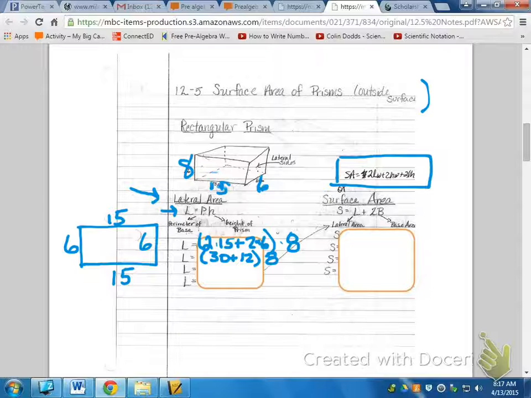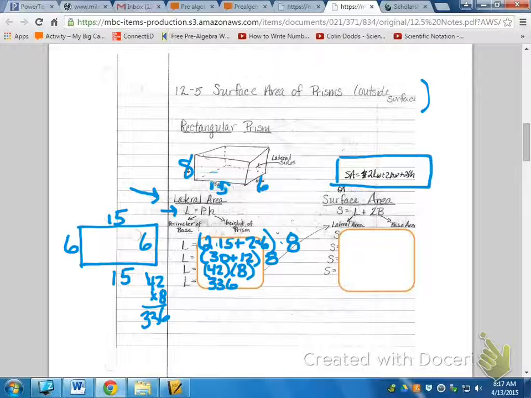Anybody know? Lindsay? Parentheses. So 30 plus 12 is 42. And I have to take 42 times 8. So if I take 42 times 8 off to the side, 336 is the lateral area.